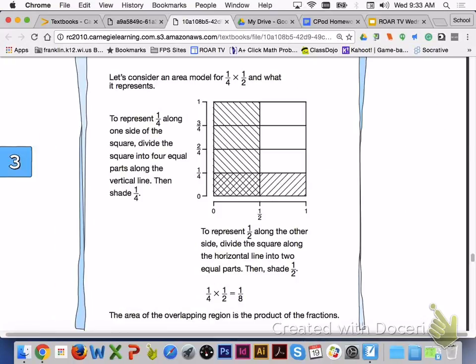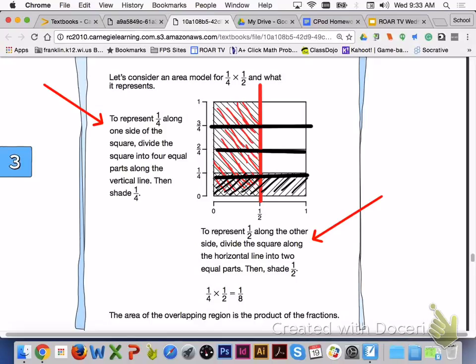Let's take a look at the example and consider an area model for 1/4 times 1/2 and what it represents. To represent 1/2 of the square, I'm going to divide the square along the horizontal line into two equal parts, and then I'm going to shade 1/2. You can see that represented in red.